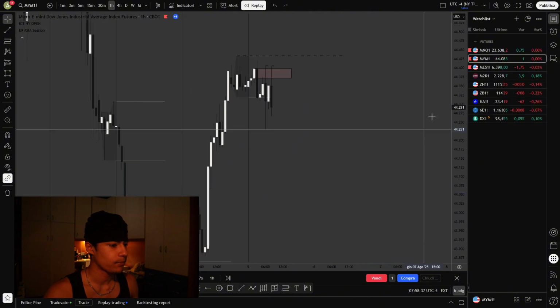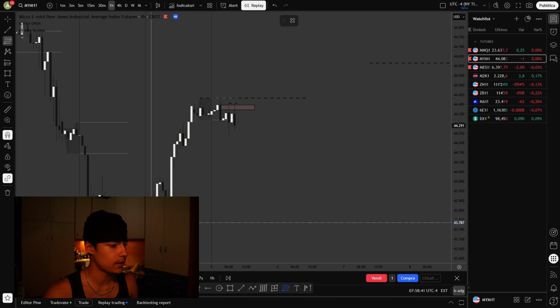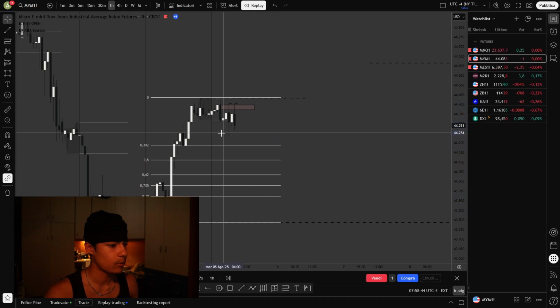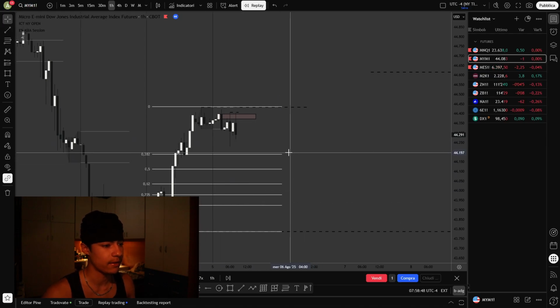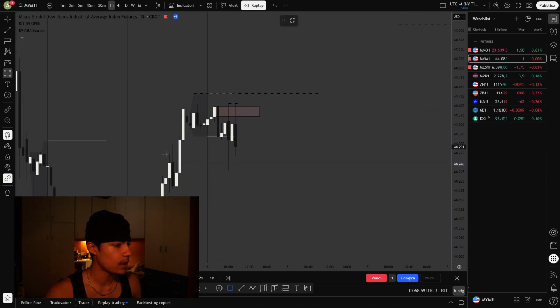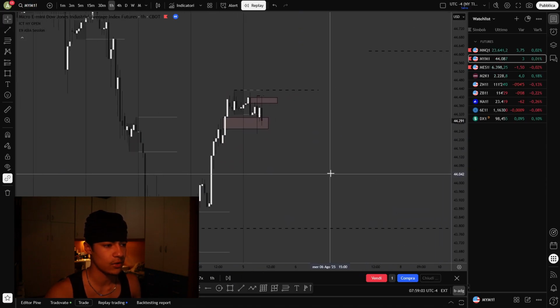So yeah, we were on this bull run, but if I trace my Fibo, we haven't touched my 0.38 and my 0.5. So yeah, we had this fair value gap right here, but this was in a premium zone, not a discount zone.